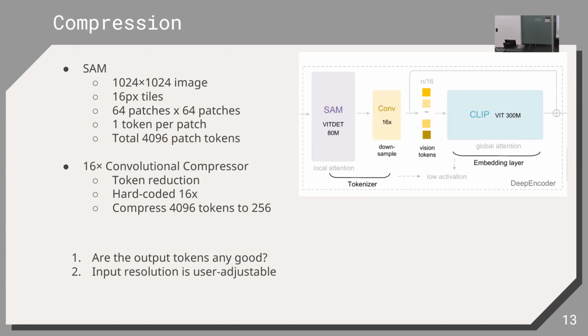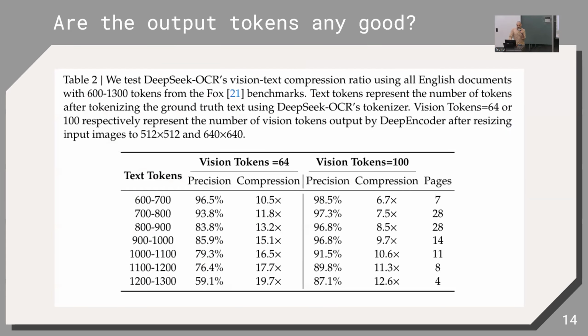That's an open question. The thing to keep in mind with the compressor is that you can control the resolution. If you're compressing the images and getting bad data, you can go to a higher resolution and maybe get a good result.